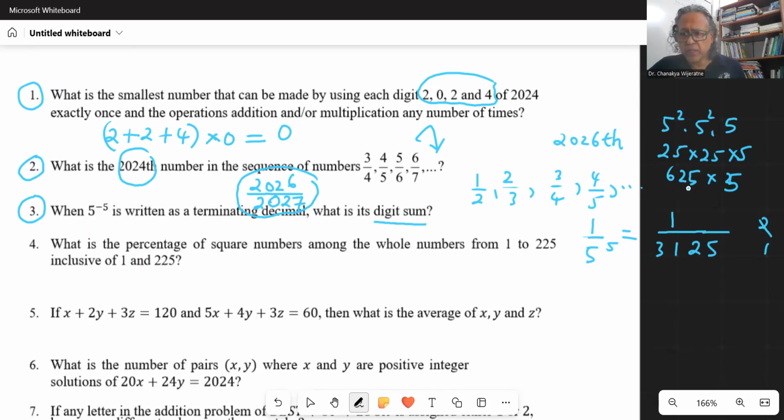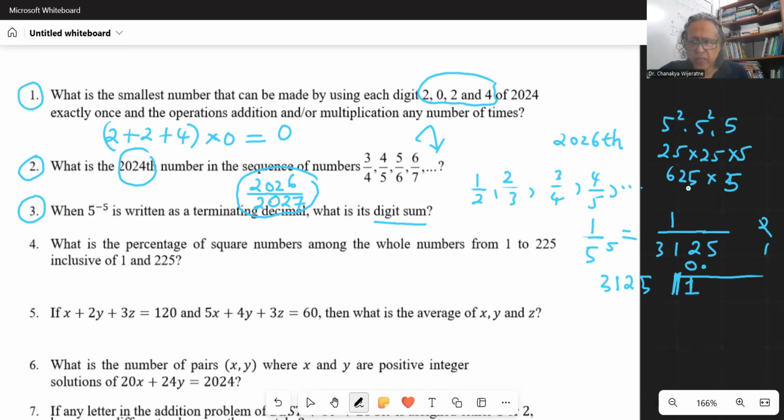So what do you get by dividing 1 by this, 3,125? Okay, my pen is acting up. So you divide 1 by that.